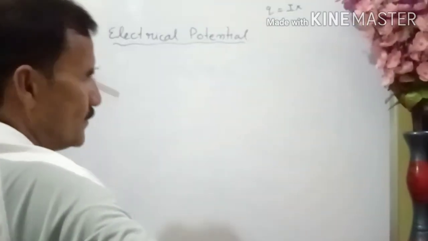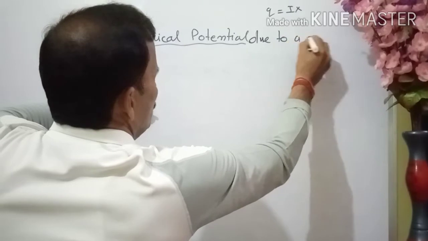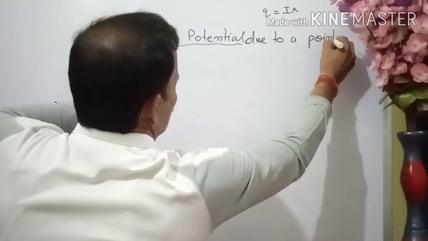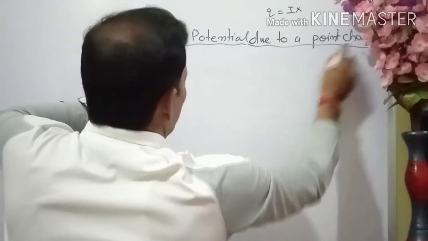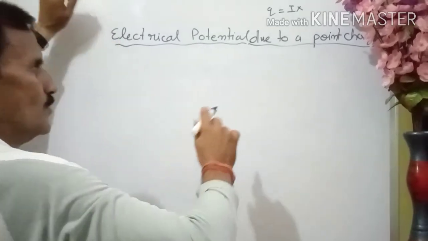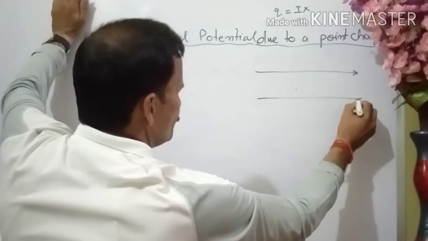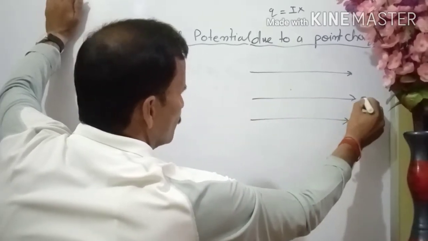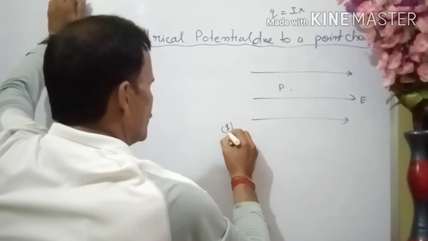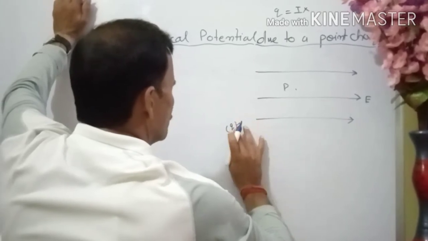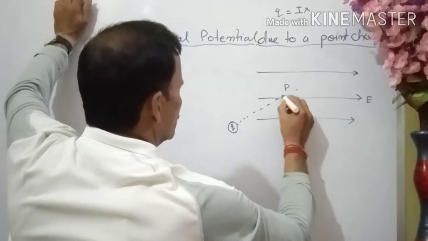So suppose electrical potential due to a point charge, and no doubt we are taking Q, and suppose you are taking electric field of intensity E. So it is uniform, and there is a point P which is at r distance from the point charge Q. Suppose it is a point charge and this distance is r.